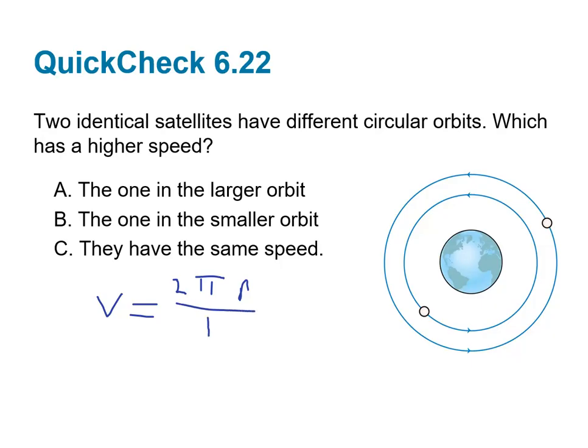So whichever one has the larger orbit must be going faster because it would have the larger radius. So the answer would be A.